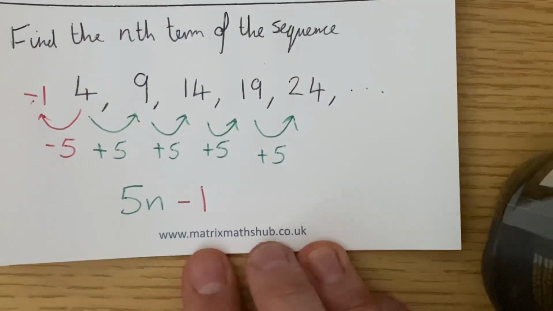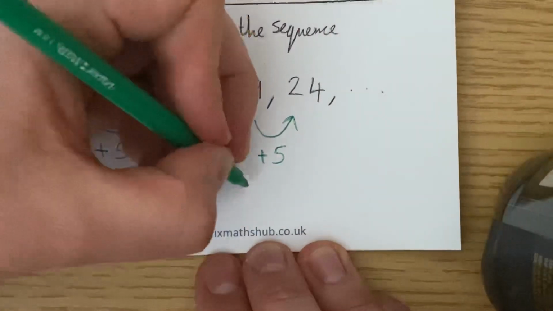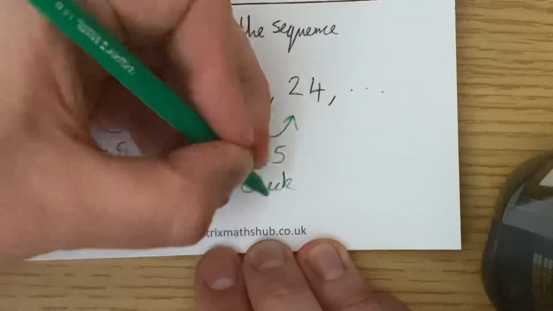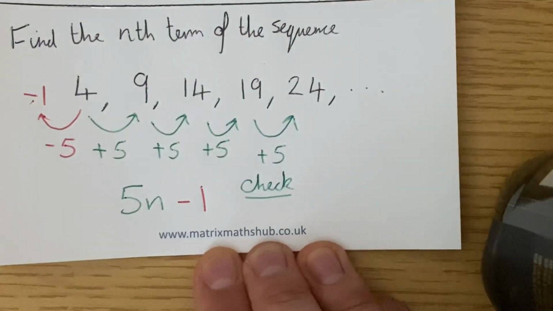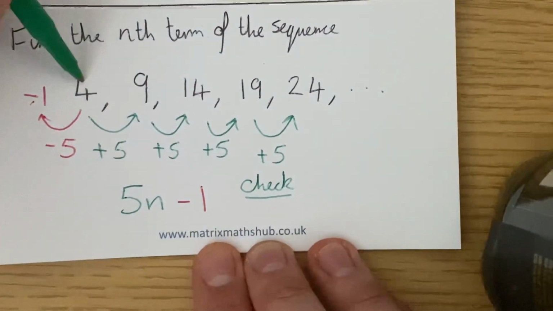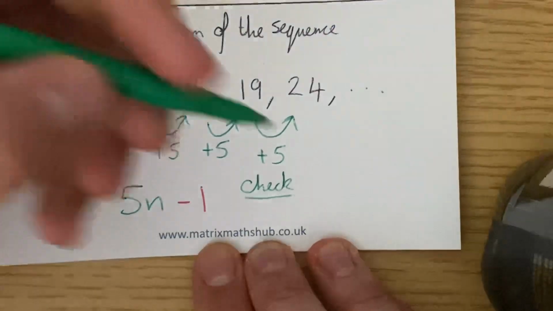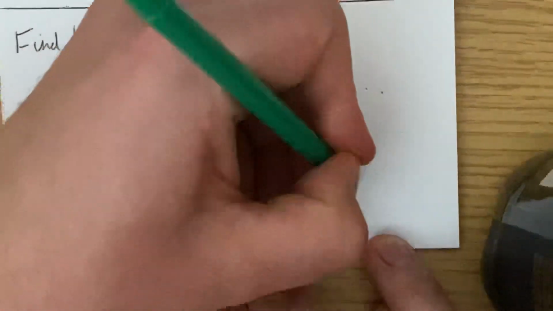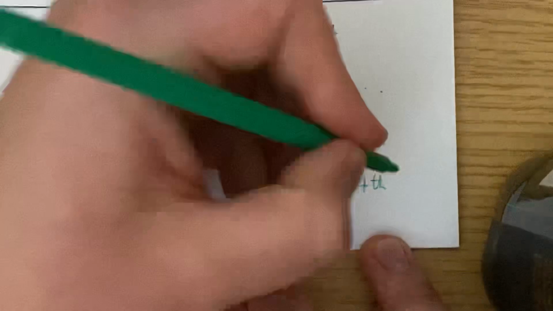Okay? As before then, we'll apply a check to this. This time we will check 19, which is the first, second, third, 19 is the fourth term. So we're checking 19, which is the fourth term, which means n equals 4.